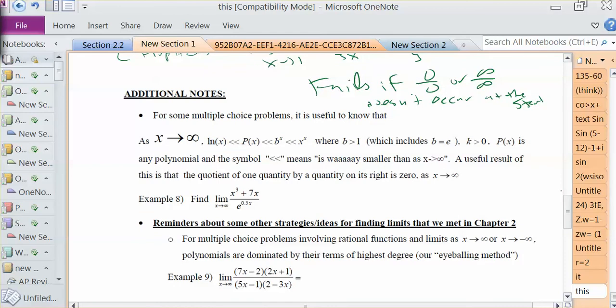Some additional notes. Some multiple choice problems, students will know that as x approaches infinity, this tends to be true.